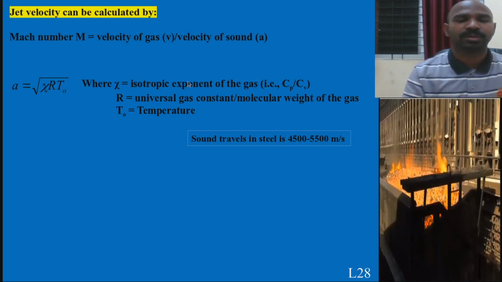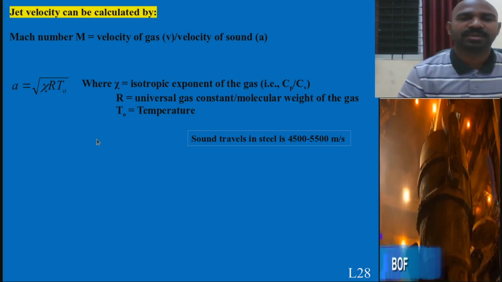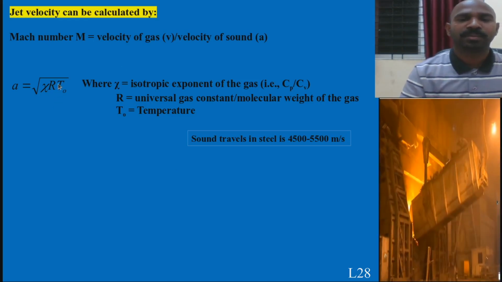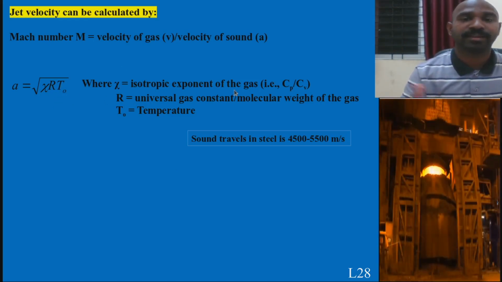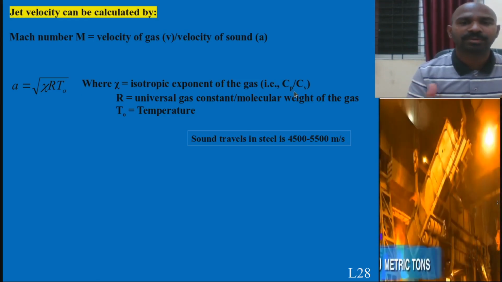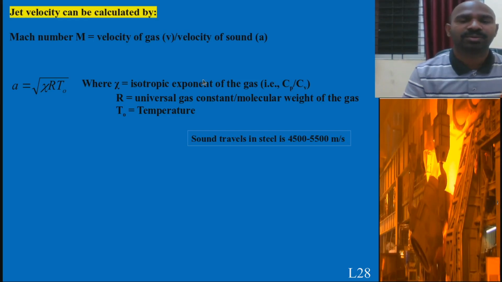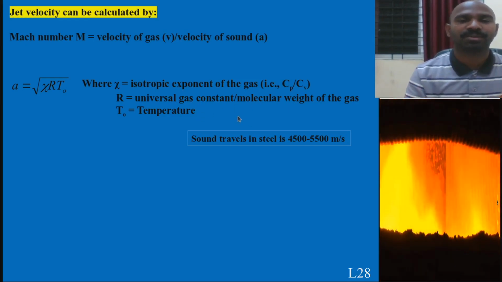But in molten steel in this particular situation, how do you calculate it? It depends upon gamma, the universal gas constant, and the temperature at that location. Gamma is the ratio of constant pressure and constant volume specific heats, which is an isentropic constant for those gases, and the universal gas constant is a standard value. Temperature is to be taken in Kelvin.